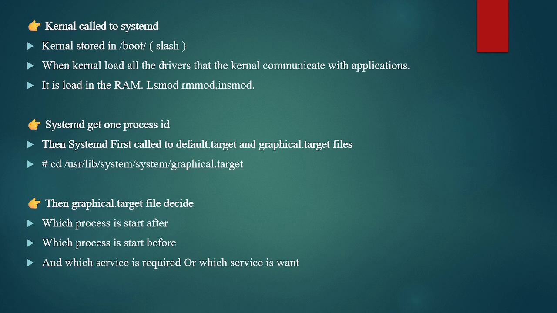You can find that file in /usr/lib/systemd/system/graphical.target. Then the graphical.target file decides which process starts after and before, and which service is required and wanted.